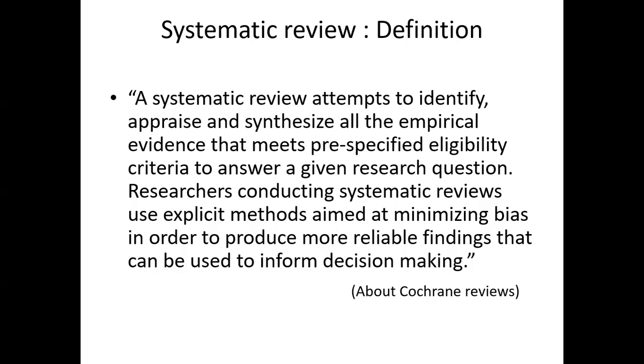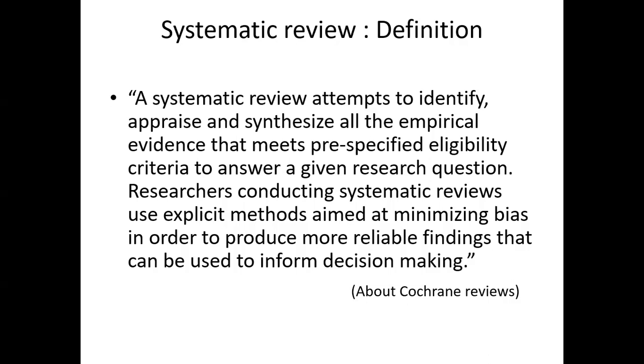So, what is systematic review? A systematic review attempts to identify, appraise, and synthesize all the empirical evidence that meets specified eligibility criteria to answer a given research question. So we have first a research question that needs to be answered, and then the evidence we find in the articles.